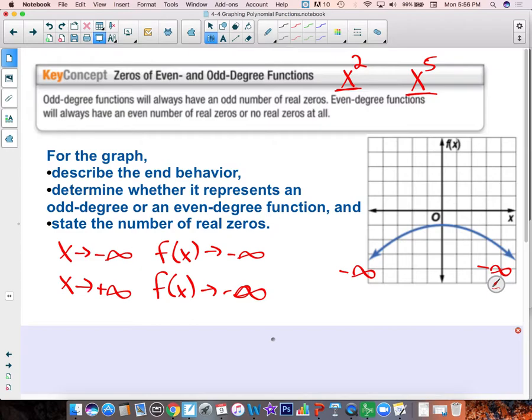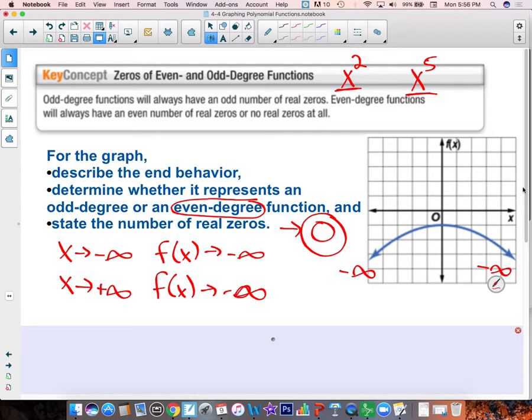Are parabolas odd degree or even degree? Well, since they're both going the same direction, it's an even degree function. And then real zeros, we can just get that from looking at the graph. Does it ever touch the x-axis? No. So there are 0 real zeros.